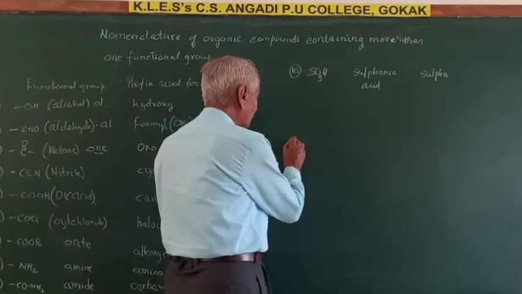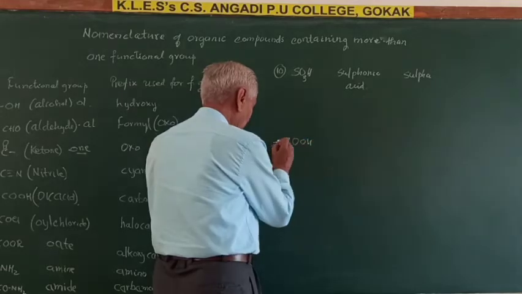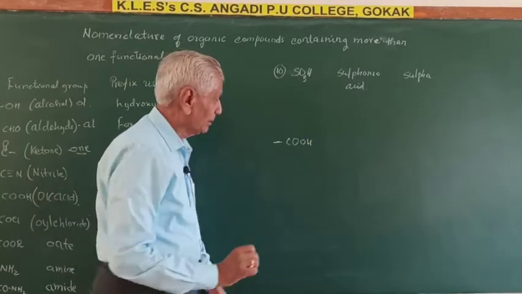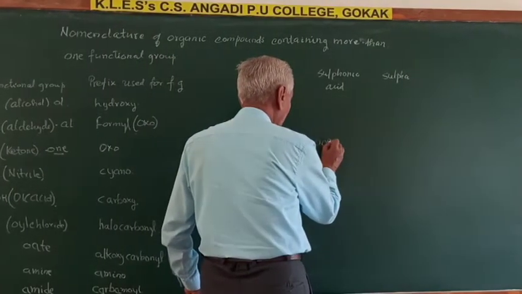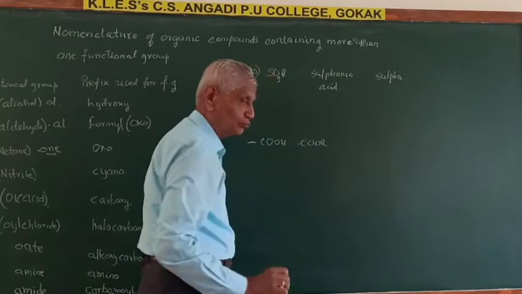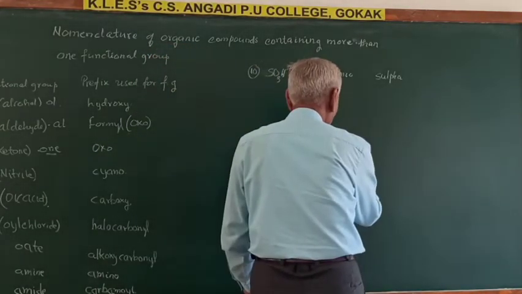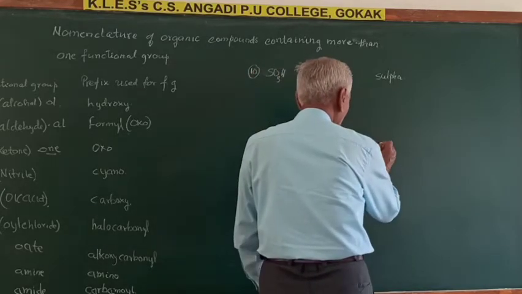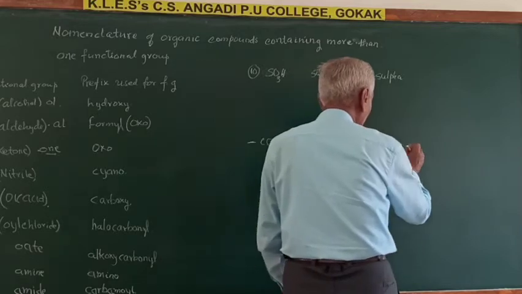First, you have to select the COOH group. Then comes COOR, ester. Then comes COCl. Then comes CONH2. Then comes CN.